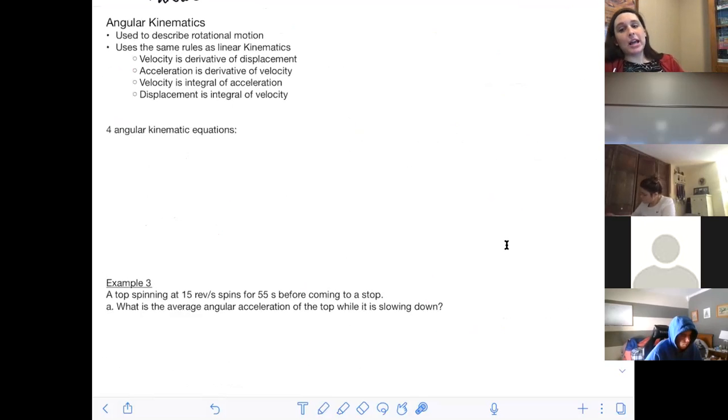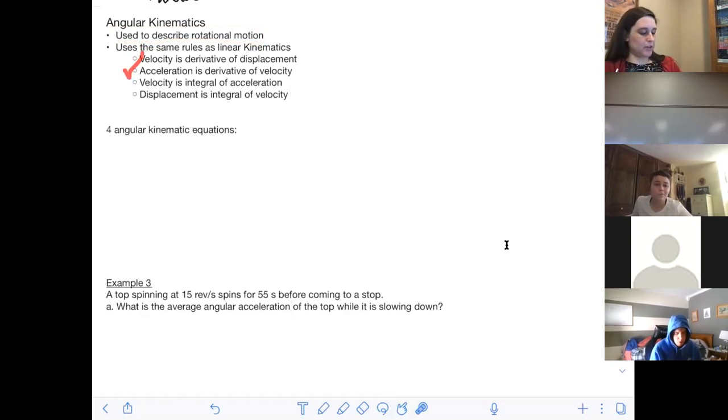Okay, much like linear kinematics were used to describe linear motion, angular kinematics are used to describe rotational motion. And they are going to use the same rules as linear kinematics, okay? So we're going to know a lot of the same concepts. Things like velocity is the derivative of the displacement.